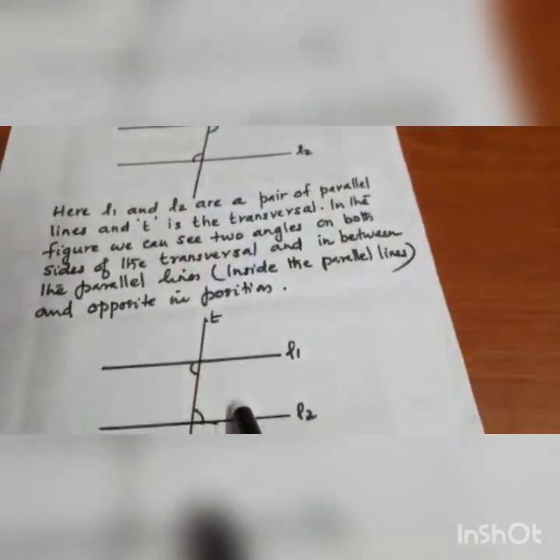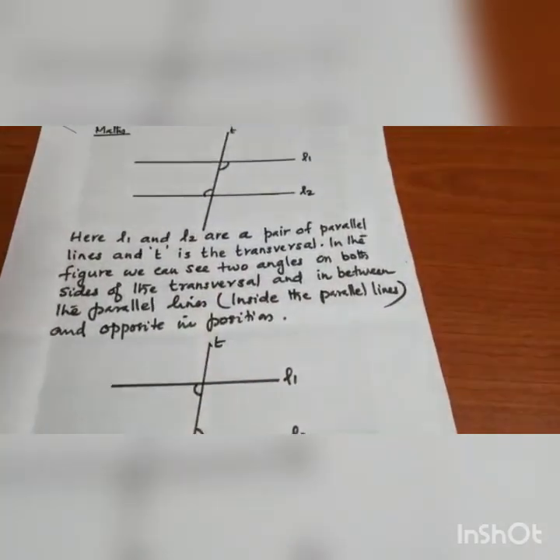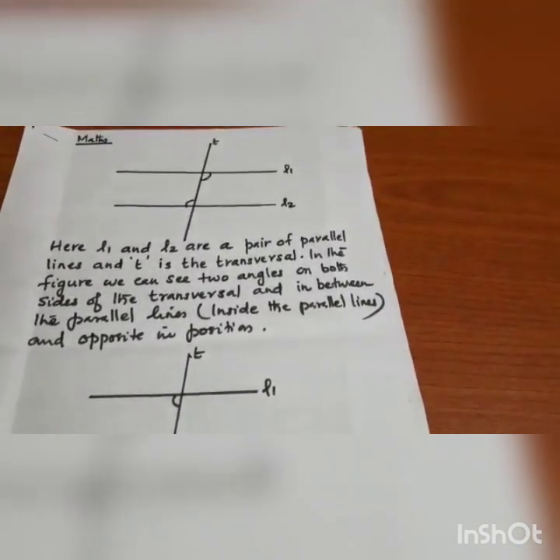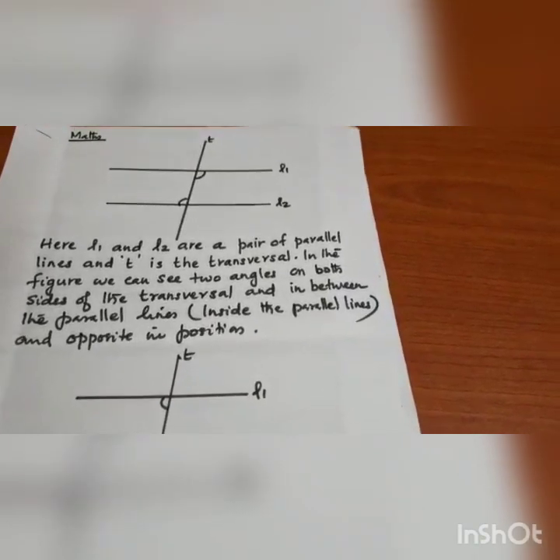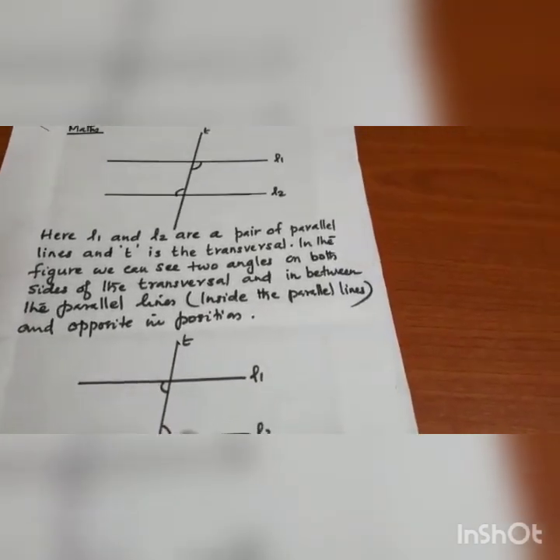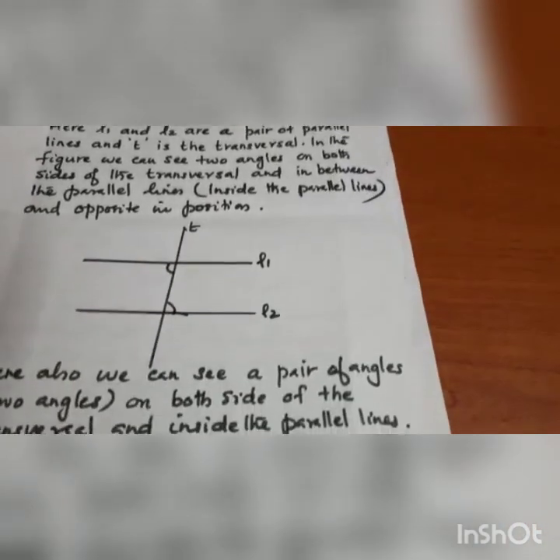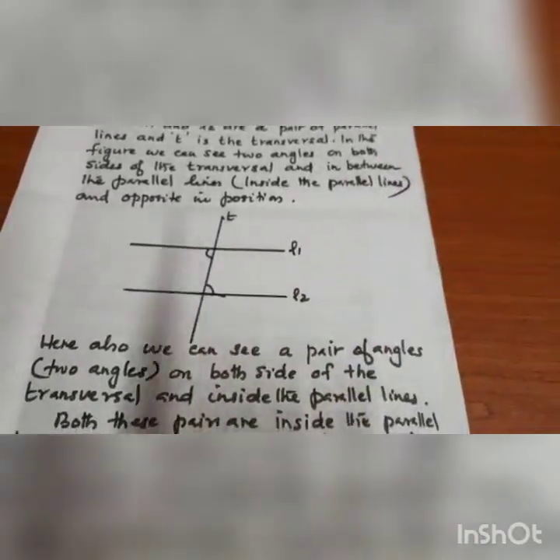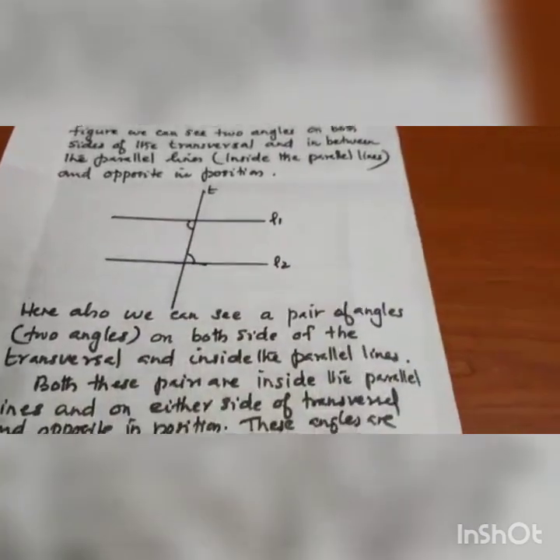Both the pairs, in this figure and in the previous figure, are in between the parallel lines and on either side of the transversal, and look like opposite angles but are not opposite angles.